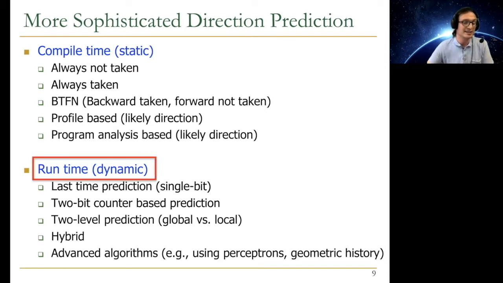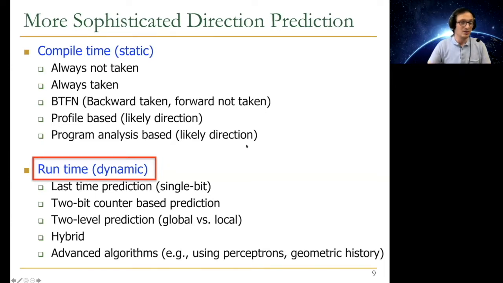That's why we motivated runtime dynamic branch prediction, and we're going to go into dynamic branch prediction heavily today. Essentially, everything we will cover today will be about dynamic branch prediction. But keep in mind that compile time branch prediction can complement dynamic branch prediction for branches that are really easy to predict statically, either programmer-based or compiler-based.